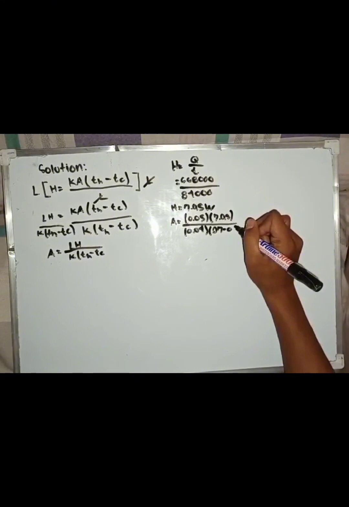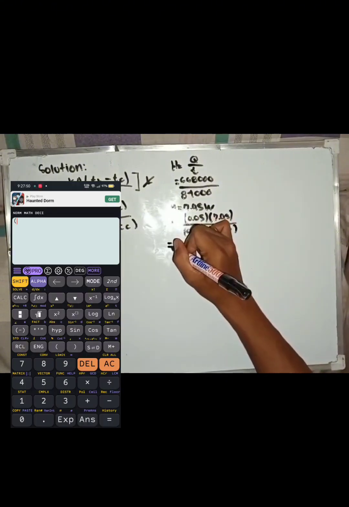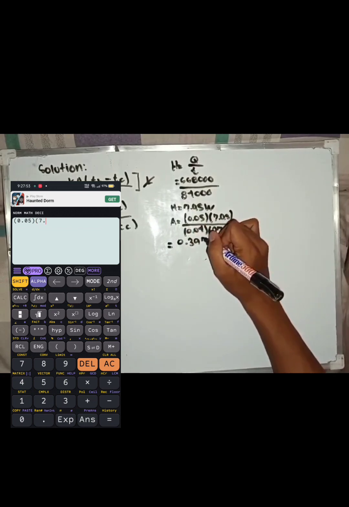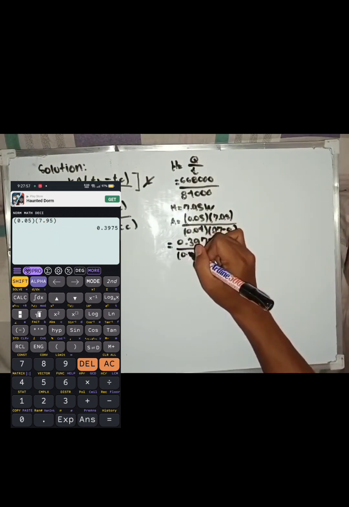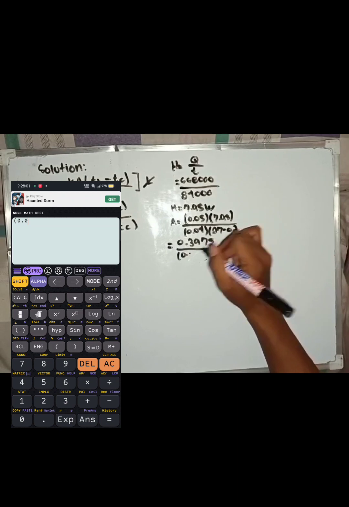Performing this, we get the value in the numerator, which is 0.3975, and for our denominator, 1.08.